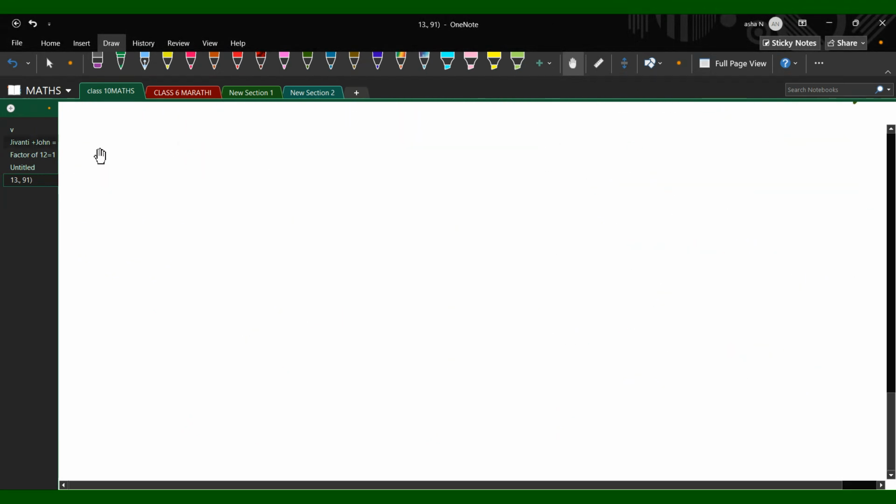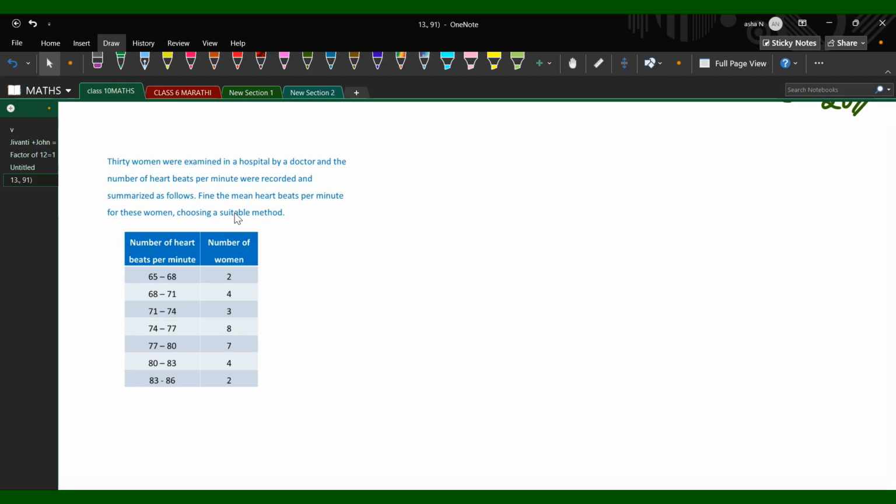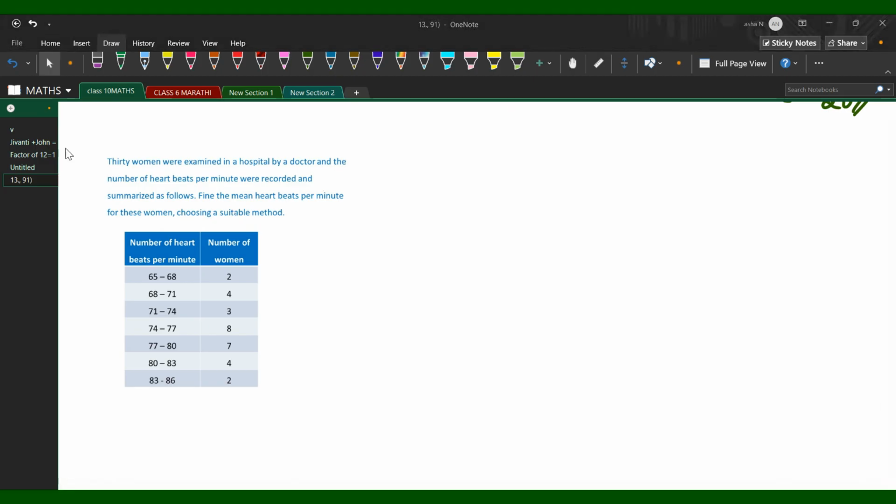Which method are you going to choose for this next question, because the method is not given in the question? 30 women were examined in the hospital by a doctor, and the number of heartbeats per minute were recorded and summarized as follows. Find the mean heartbeat per minute for these women, choosing a suitable method. Which method will we use?